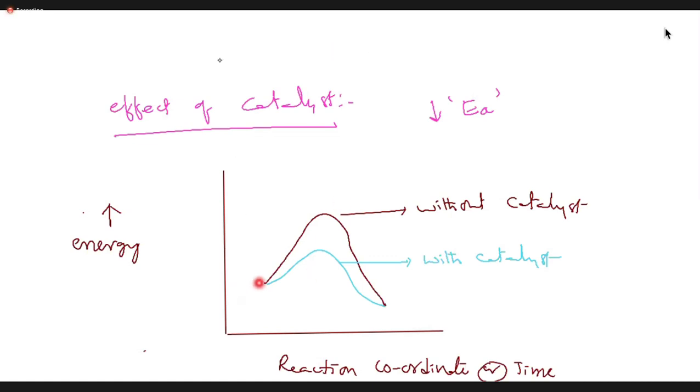Listen here, those reactant molecules which reach this energy are the only ones converted into product. In the absence of catalyst this is the energy needed; if I use a catalyst, this much energy is sufficient for conversion into product. For example, students who got 99.6 percentile are eligible for admission in IIT Surathkal.